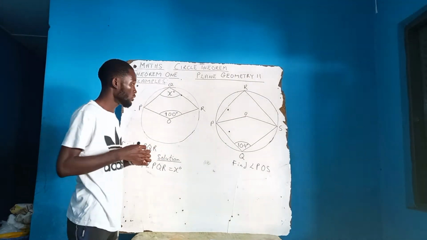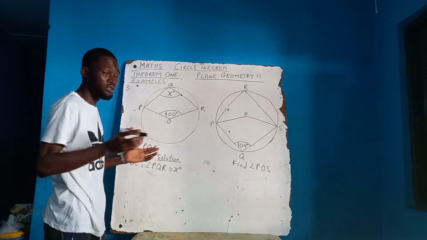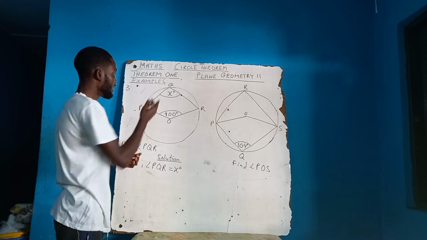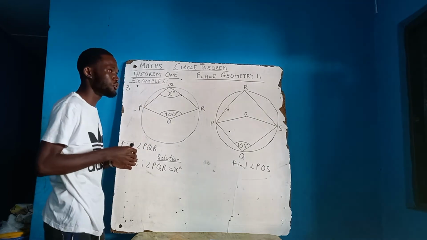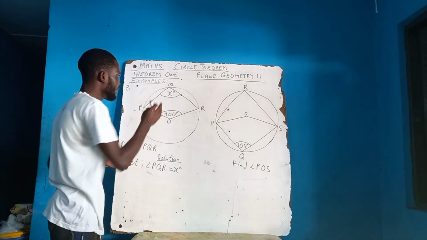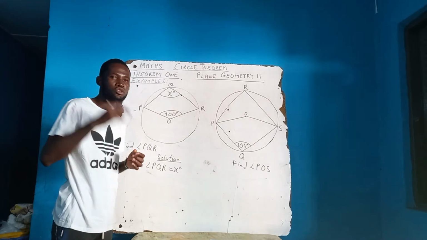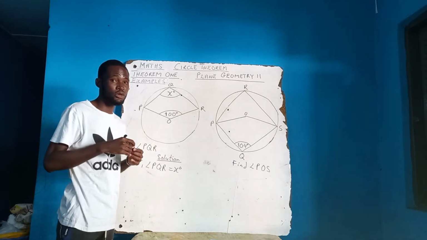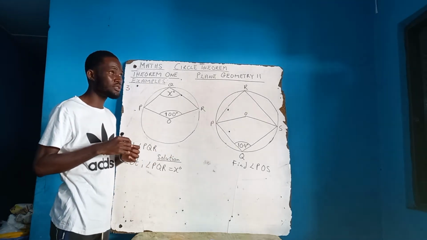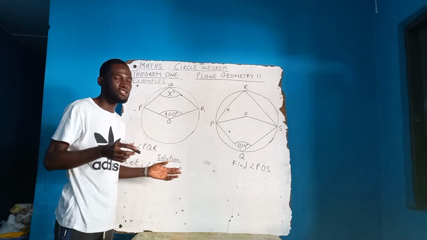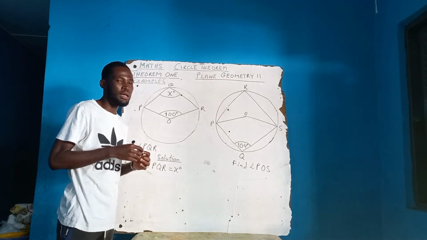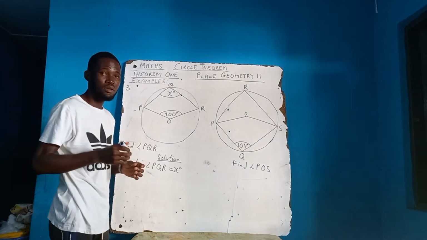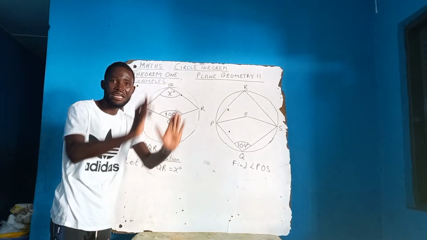Easy does it. We are still on Theorem 1, like I stated, and we'll be deliberating on how well we could handle this issue. If you compare this diagram to our standard diagram on Theorem 1, you realize that in order to fall into that theorem, the arcs must be in the same direction.